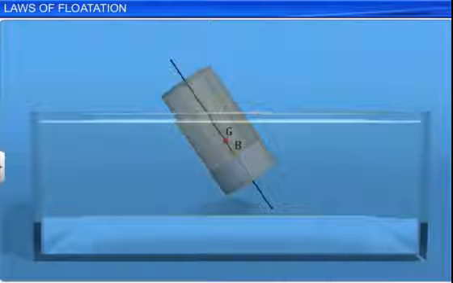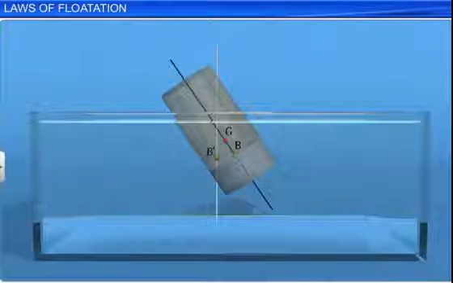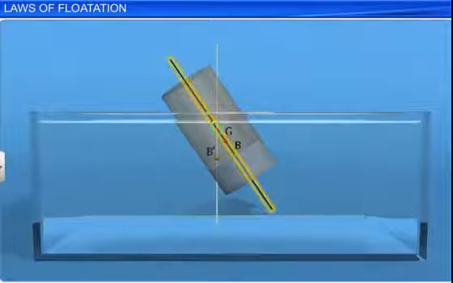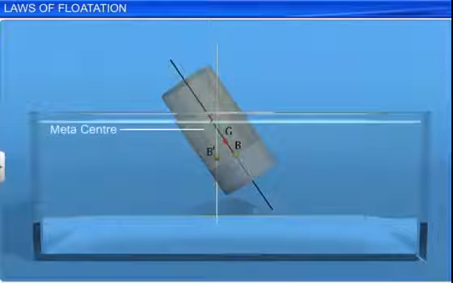Let the new position of the center of buoyancy be B'. The vertical line passing through point B' is the new line of action of the force of buoyancy. The point of intersection of the vertical line passing through the new center of buoyancy B' and the straight line passing through the center of gravity and the original center of buoyancy B is called the meta-center. Let us denote this point by M.